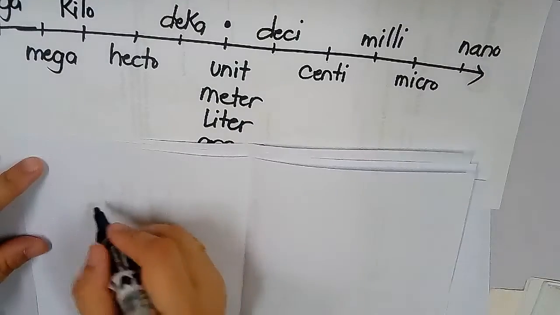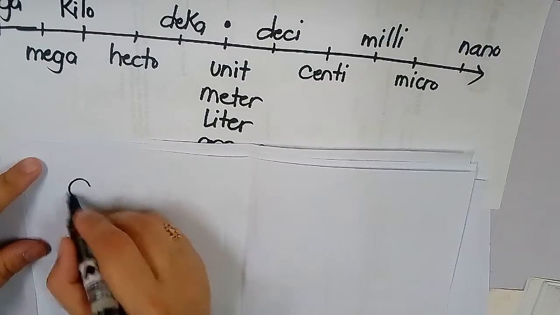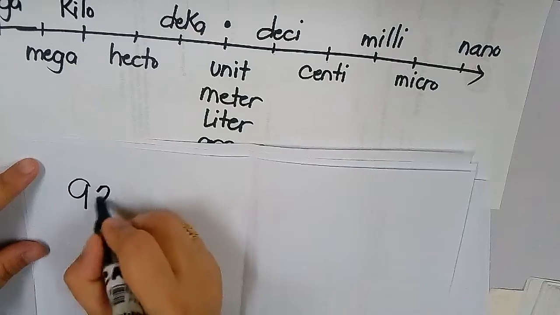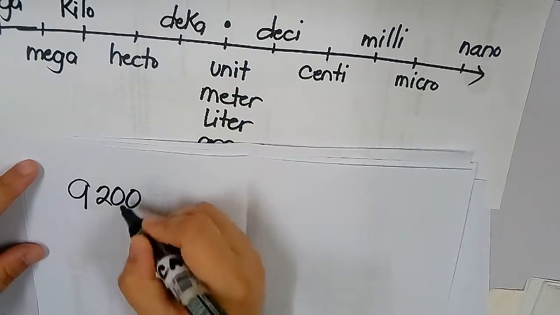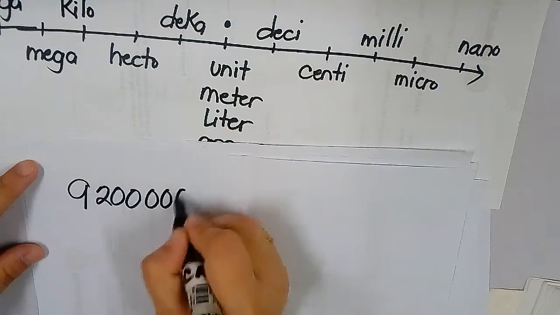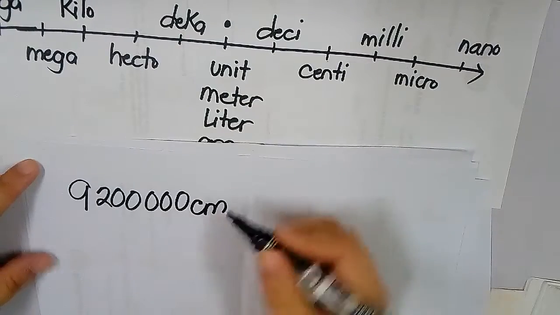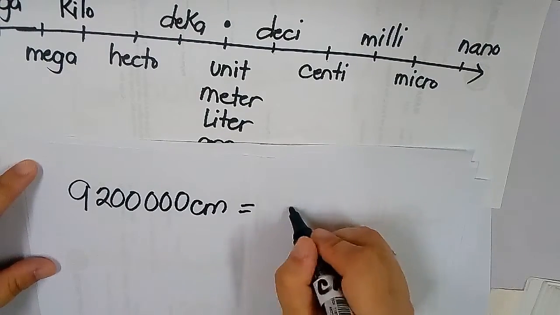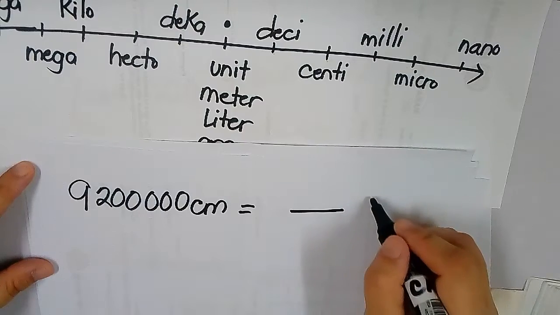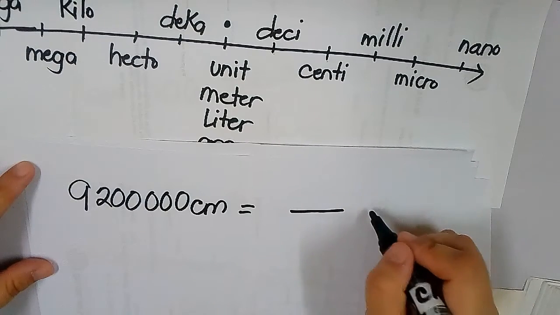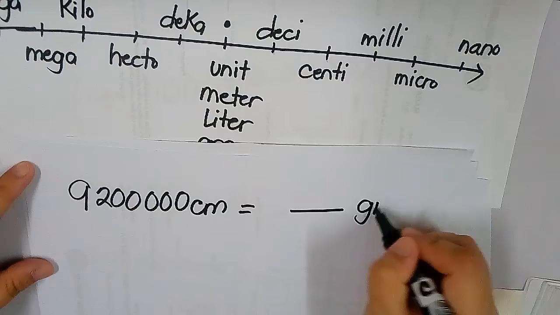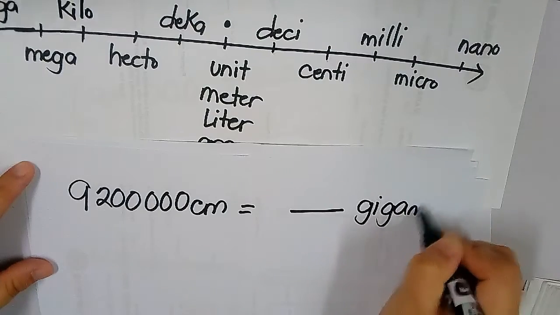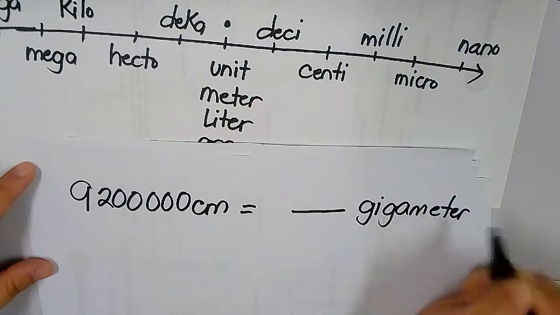Let's have 9,200,000 centimeters is to how many gigameter. Okay?